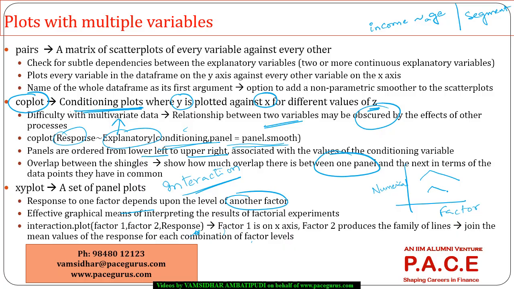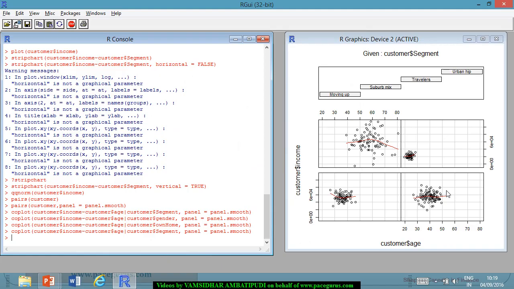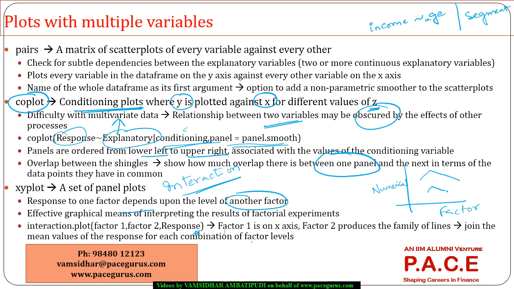So basically if you see here, I want to find out the interaction between the gender and the segment. Two variables I am pulling together. So I'll take segment as one variable and gender I can use as an interaction variable. Now that is how I have to give the input. I will first give factor 1.